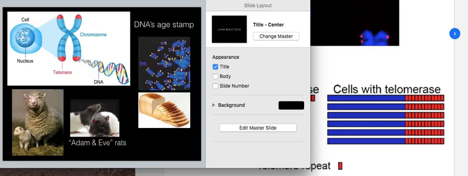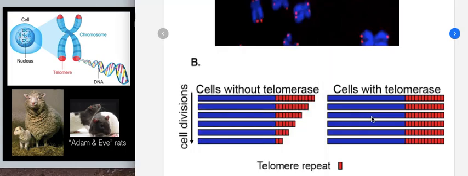Well, once scientists realized this, they created these 2 mice right here, and they're called Adam and Eve, and they're rats. They did an experiment where they injected their cells. They actually gave them a diet where they had telomeres.